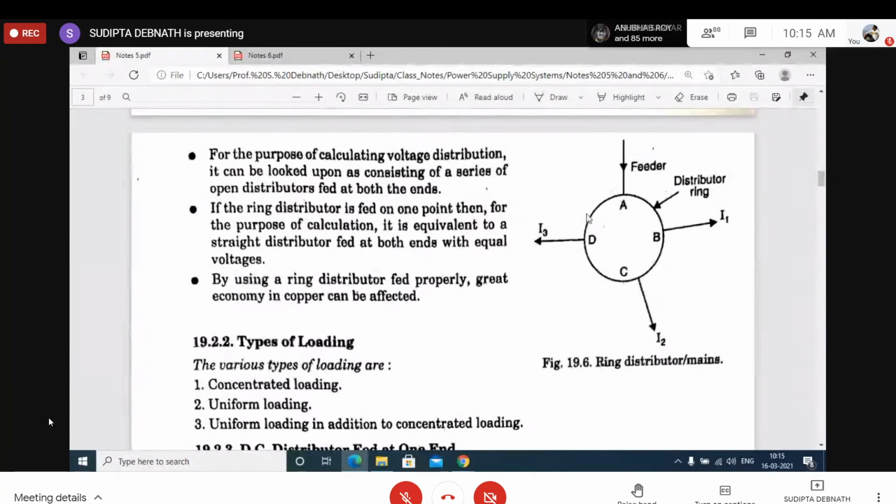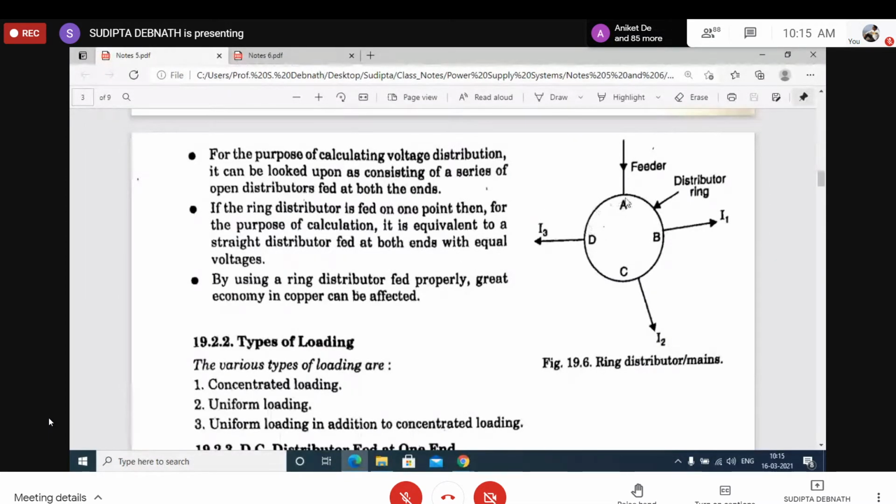What will happen? For the purpose of calculating voltage distribution, it can be looked upon as consisting of a series of open distributors fed at both ends. If the ring distributor is fed at one point, it is equivalent to a straight distributor fed at both ends with equal voltages. Suppose we open this one.